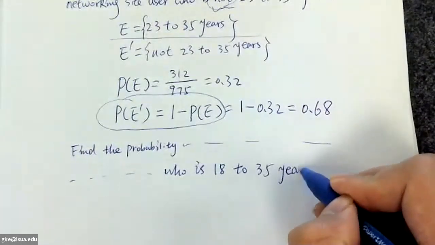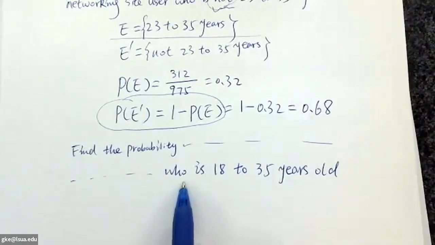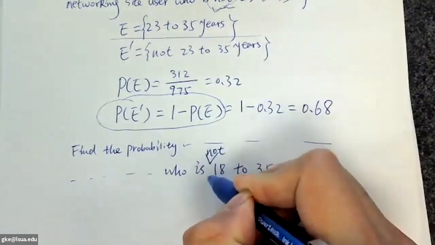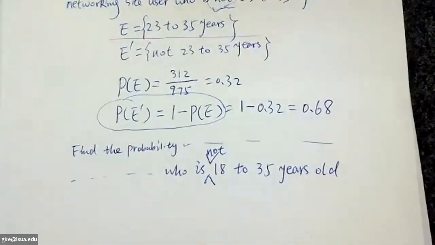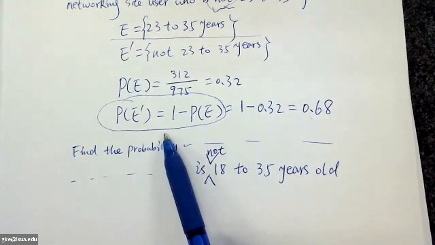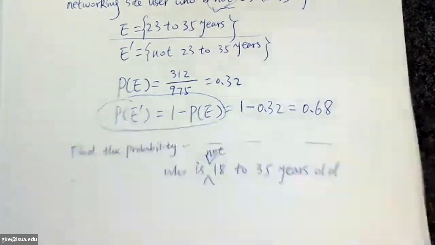Oh, sorry. Find the probability, and so on, who is not, okay, not 18 to 35 years old. Now, I want you to use the complement, use this formula, to calculate this probability. Try it.